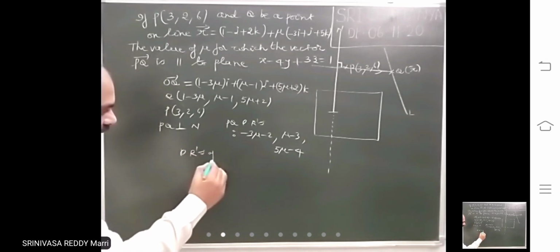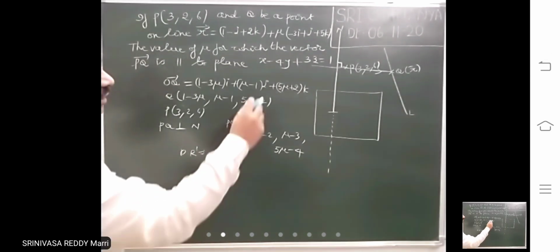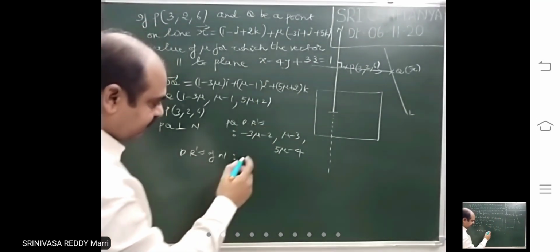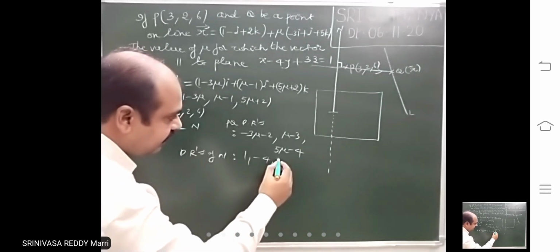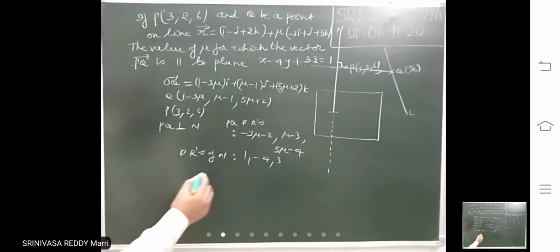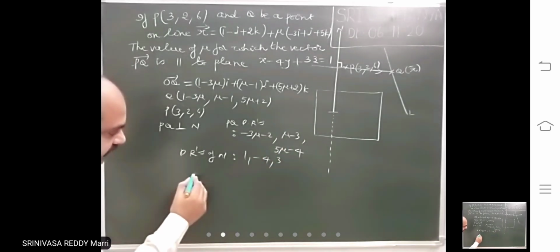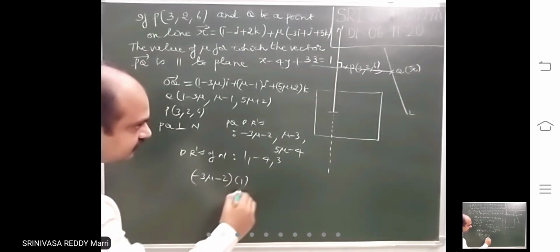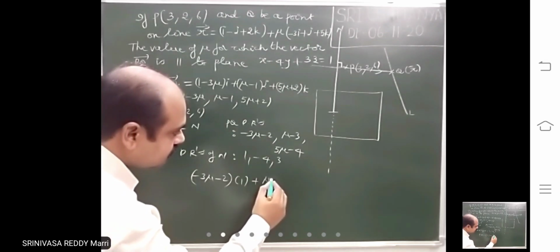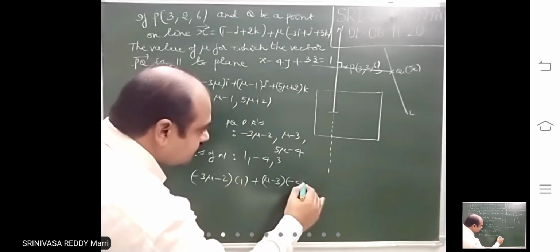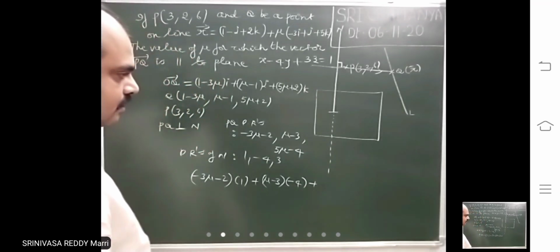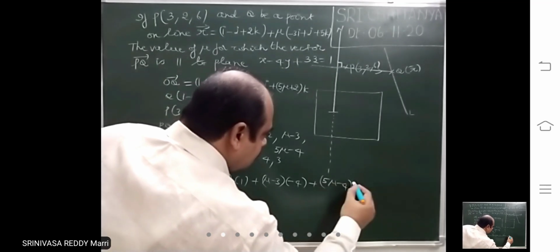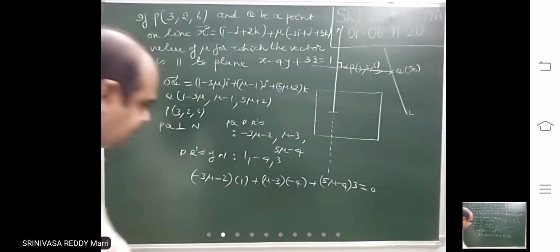The DRs of the normal, that is of the plane, are 1, -4, 3. Apply the perpendicularity condition: a1a2 + b1b2 + c1c2 = 0, which gives (-3mu - 2) into 1, plus (mu - 3) into -4, plus (5mu - 4) into 3 equal to 0.